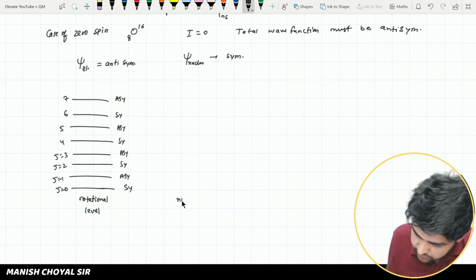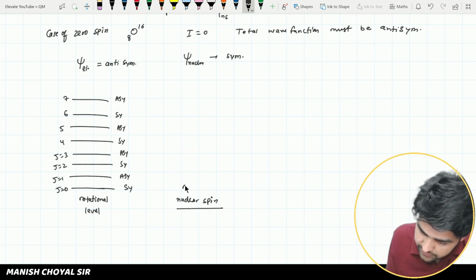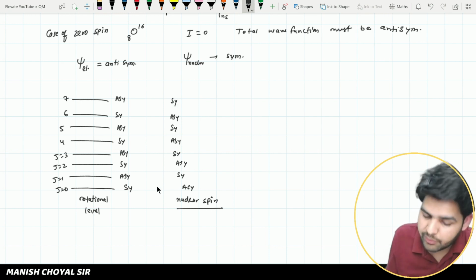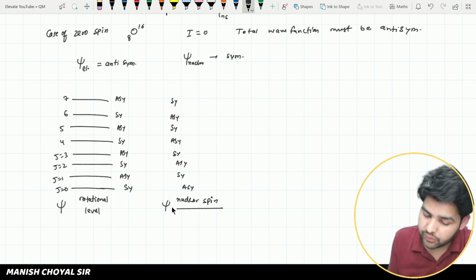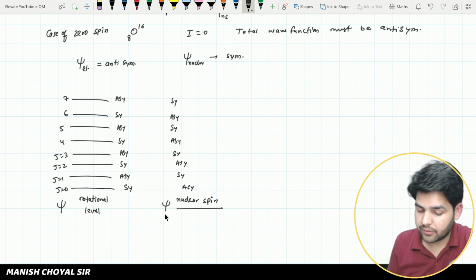So the nuclear spin: antisymmetric, symmetric, antisymmetric, symmetric, antisymmetric, symmetric, antisymmetric and symmetric. If you multiply psi rotational and psi nuclear spin, we get the antisymmetric function.